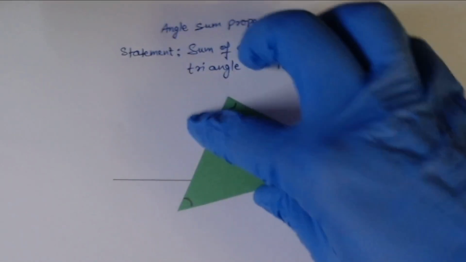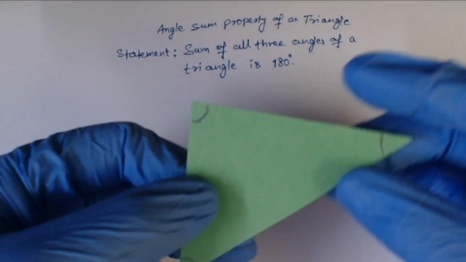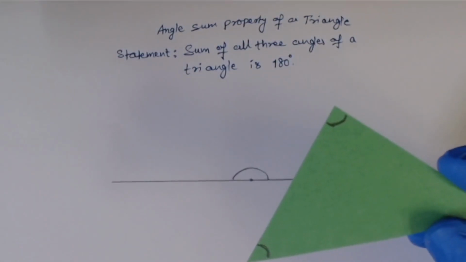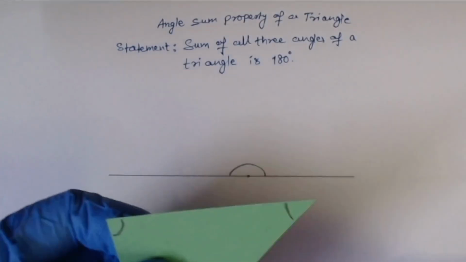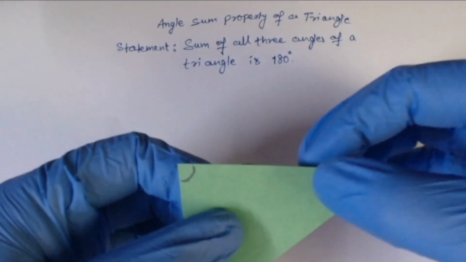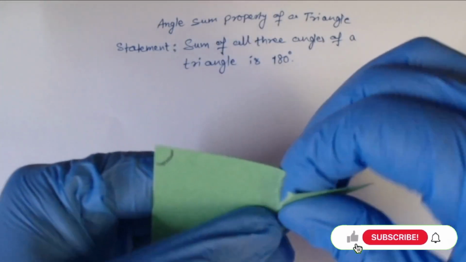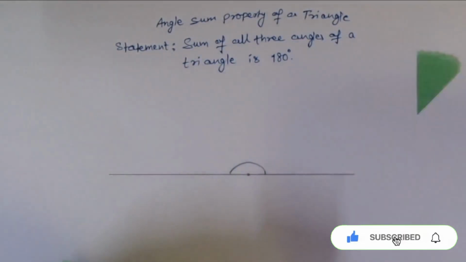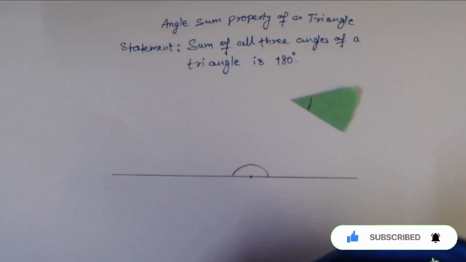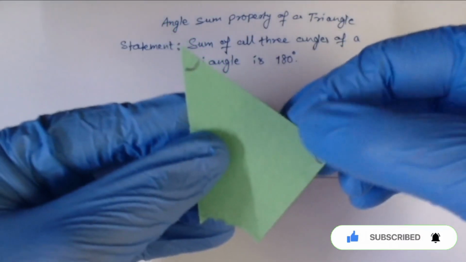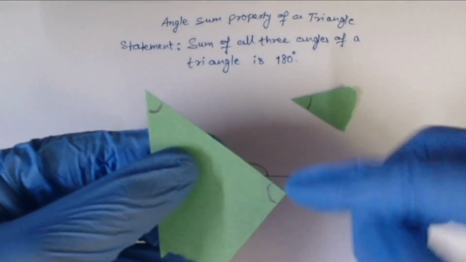Now I'm going to just remove these three angles. I will just tear it off. I will tear the another angle, the second one here.